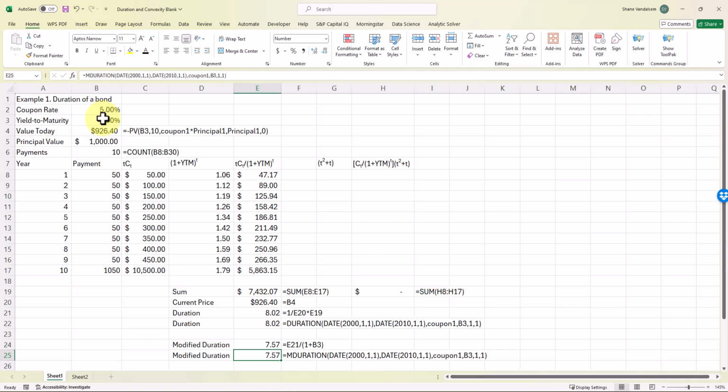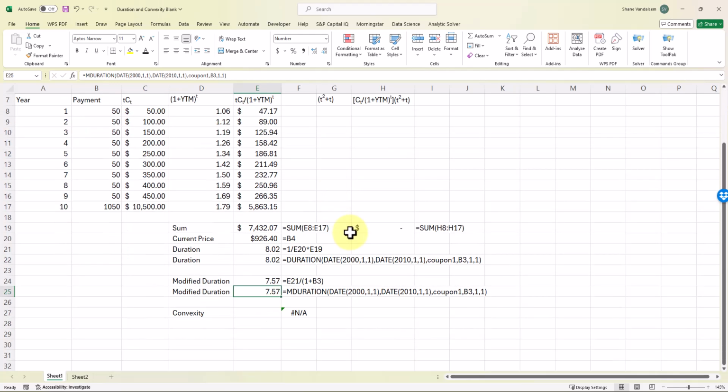And convexity is a little bit more of a bear to calculate. Excel doesn't have a built-in function for convexity. We're going to calculate it by hand here rather than using a function.